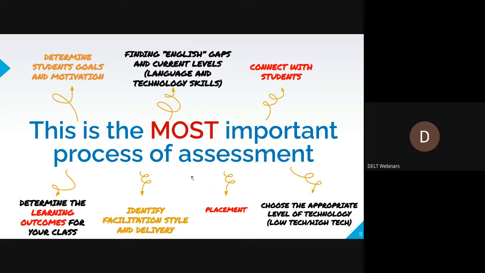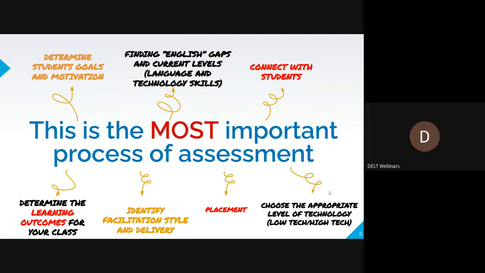Sometimes we need to do some internal, more flexible placement because, as you know, a standardized test is not accurate, right? Sometimes it cannot tell you where the students go. And the most important one, relevant to these days or this last year, is choosing the appropriate level of technology. Are we using low tech or high tech techniques?